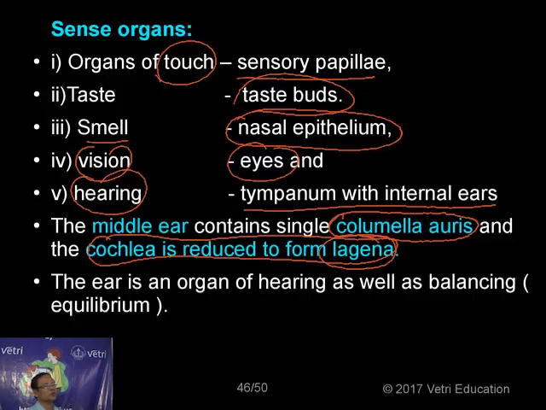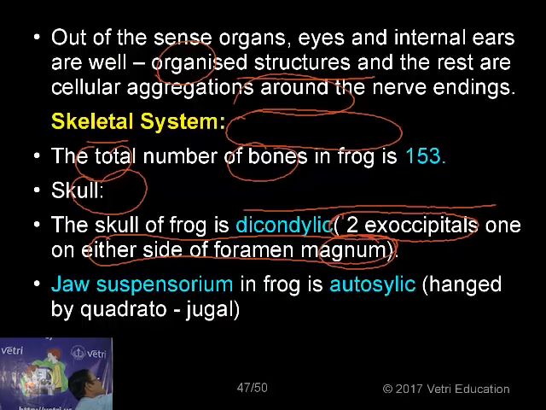So the middle ear contains only one bone instead of 3, and the cochlea is reduced to lagena. Ears are concerned with hearing and balancing, equilibrium. We'll talk about all these things in detail in the case of human ear. Here you only have to know the differences.